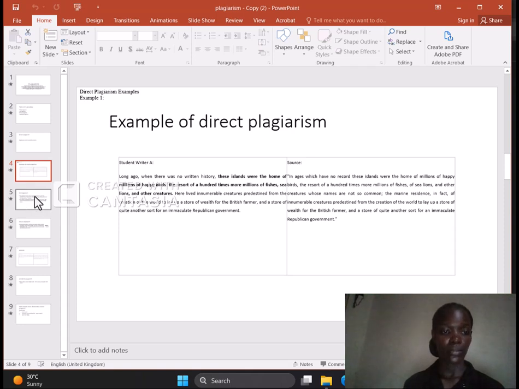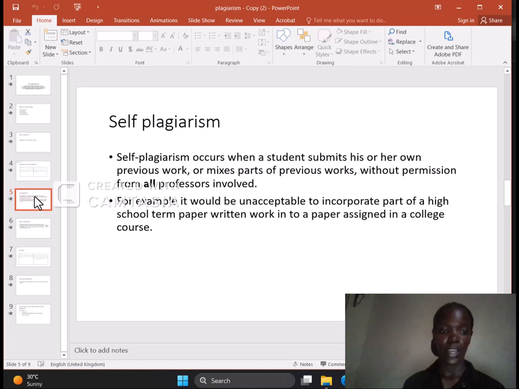Then we are going to look at the second one, which is self-plagiarism. Someone may be confused. How can self-plagiarism occur? How can it come about? But then it is simply when a student or anyone, it is not only for students but anyone, when you submit work that has been handed in.